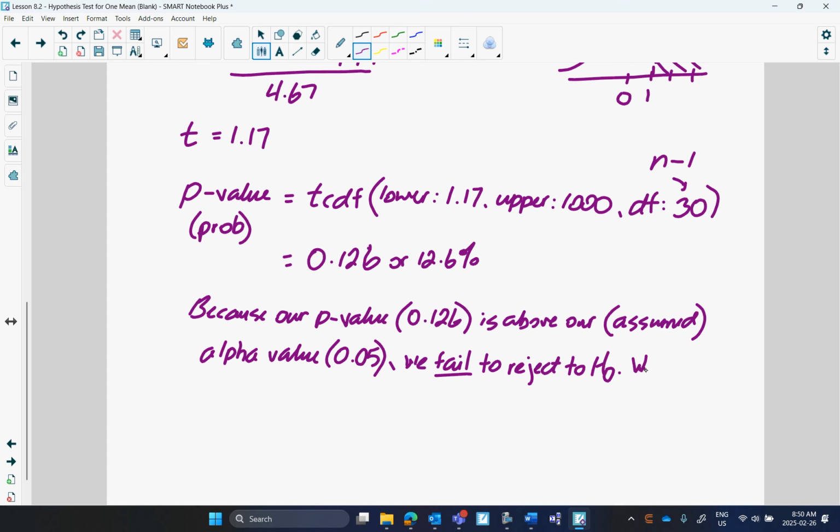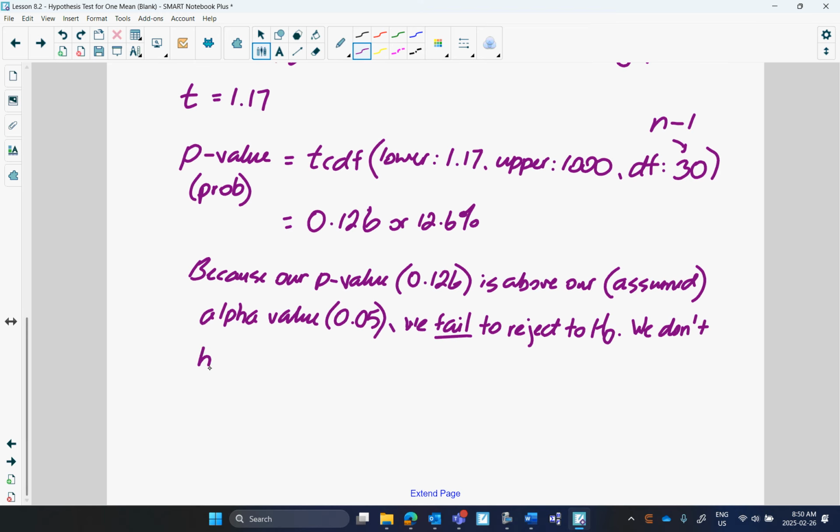Which means we don't have convincing evidence. Then I just rephrased the question.